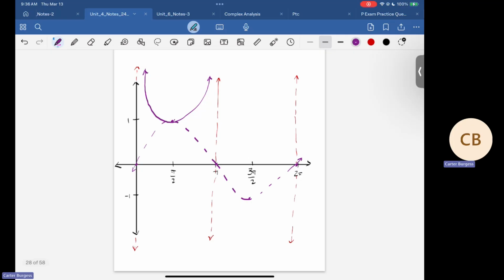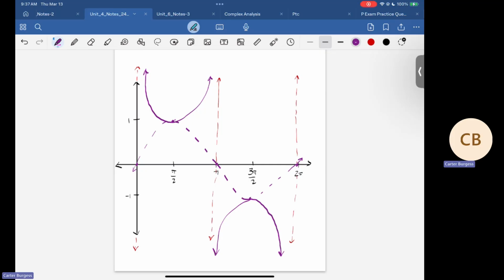Likewise, what happens when I take my denominator and make it as small as possible? I get a larger number. My minimum flips upside down and becomes a maximum. And that is our strategy for how we are going to graph this.